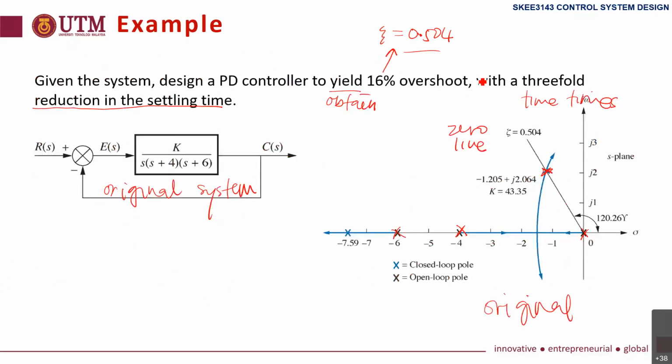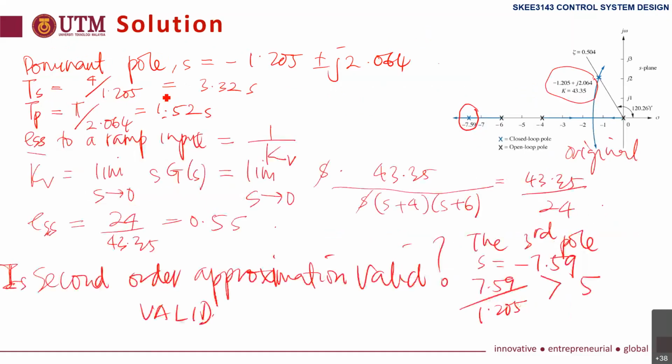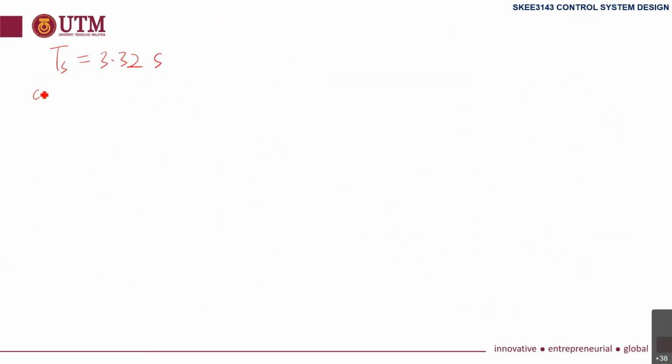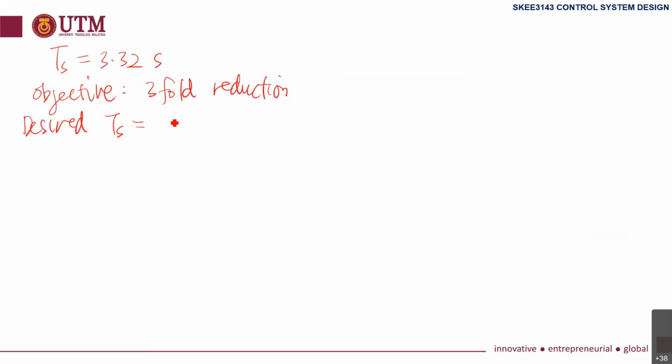Remember, our objective is to have a 3-fold reduction in the settling time, meaning 3 times. So the desired TS is 3.32 divided by 3, which is 1.11. To be exact, 1.107 seconds.